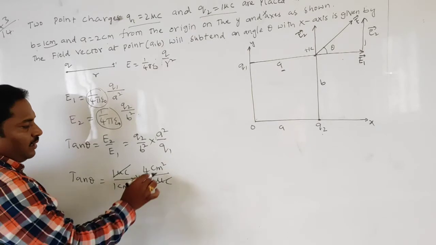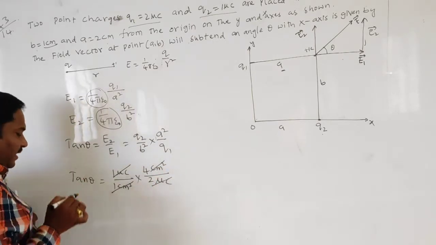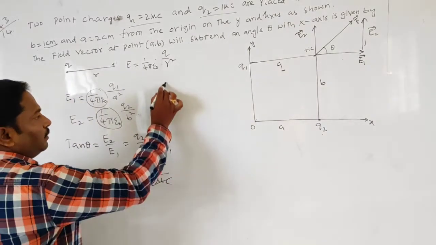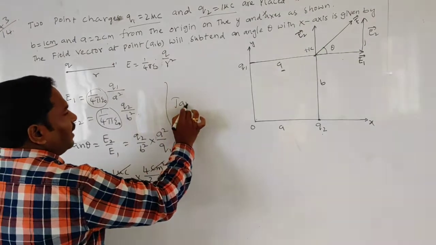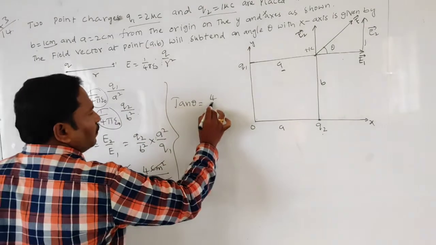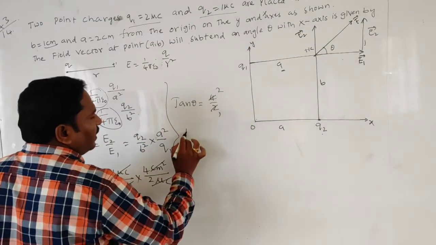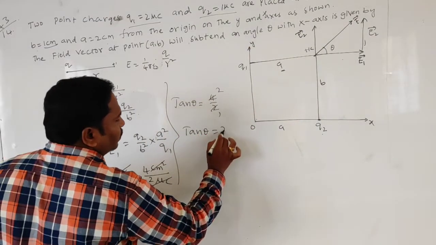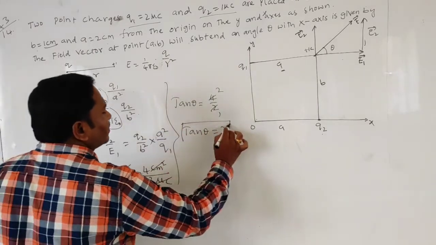Microcoulomb and centimeter square cancel, so tan theta equals 4 by 2, which is 2. We got the answer.